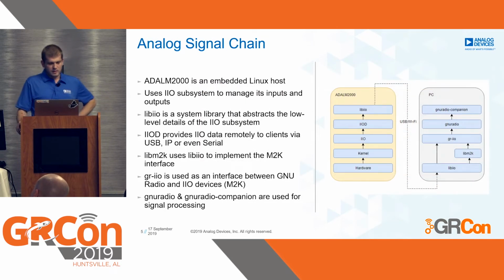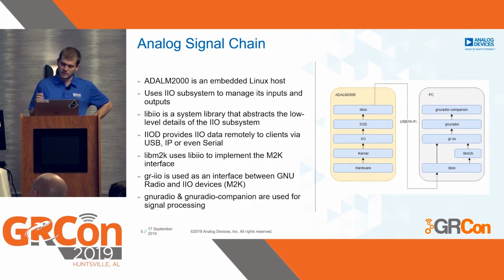So in order to better understand what's going on, we have to look at the analog signal chain. Like I said, the M2K is an embedded Linux host. It gathers data from the hardware, puts it into the kernel, and eventually uses the IIO subsystem to manage all of the inputs and outputs. There's an application called IIOD, a daemon that's running on the M2K, which helps send the data over the USB or Wi-Fi link back to the host computer.